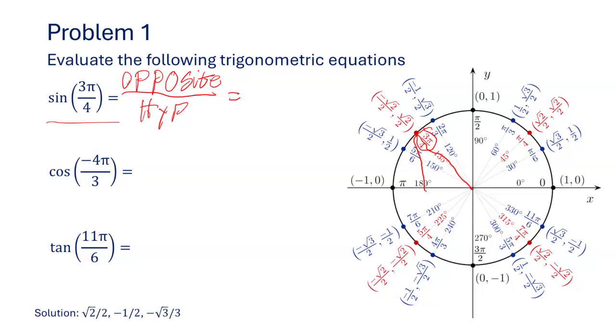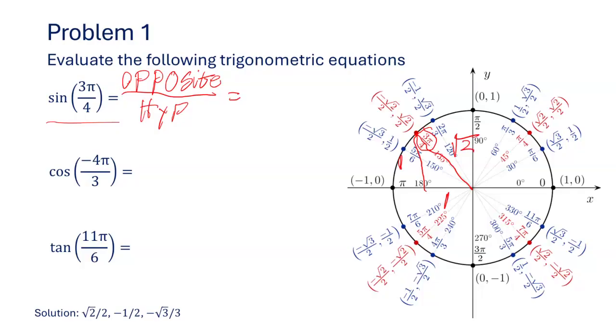The fun thing with 45, 45, 90 is that both legs are equivalent, such that if this was 1, this would also be 1. Which makes, due to the Pythagorean theorem, our hypotenuse root 2, because 1 squared plus 1 squared is equal to 2. Square root of 2, boom.